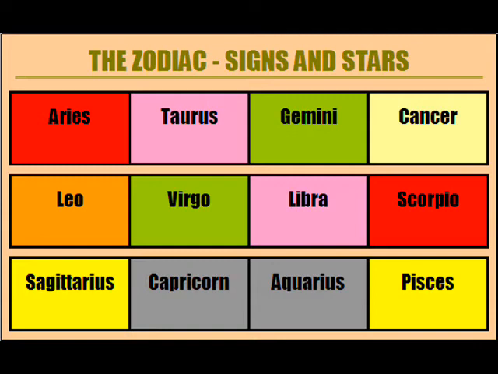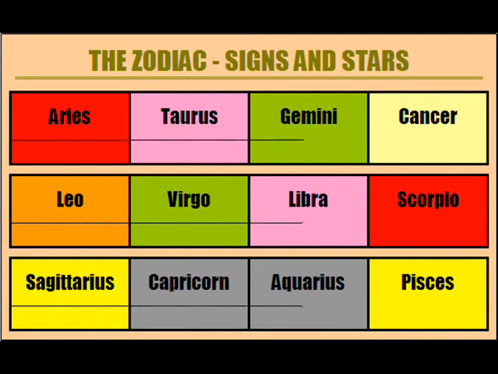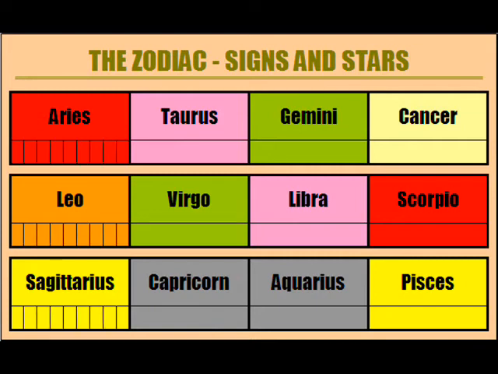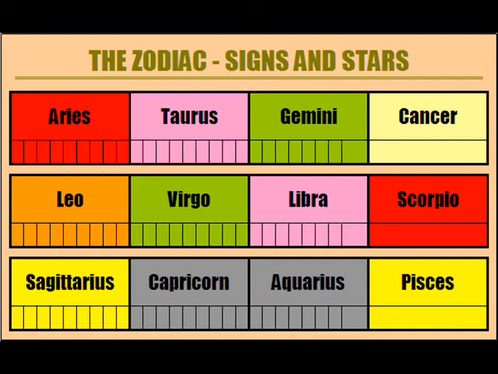In Vedic astrology, each star is divided into 4 parts, totaling 108. So all the zodiac signs are divided into 9 parts each, totaling 108. And each sign will consist of 9 nakshatra parts or 2 1/4 nakshatras.